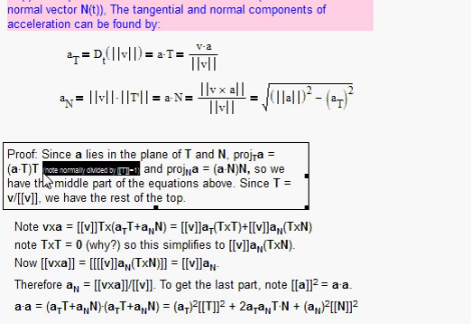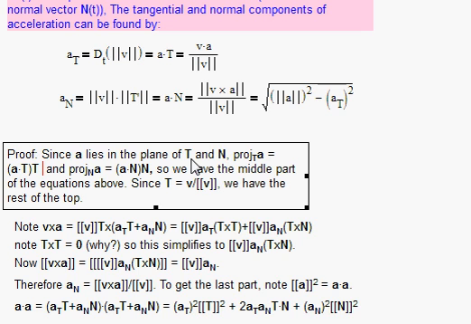That's just to remind you. And the projection of a onto vector N is a dot N times, this is a scalar, times the vector N, so the whole thing is a vector, but keep in mind we don't have to divide by the length of N, because the length of N is equal to 1, because it's a unit normal vector. So we have the middle part of the equations above.